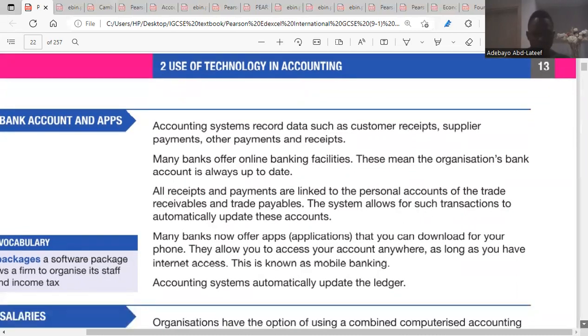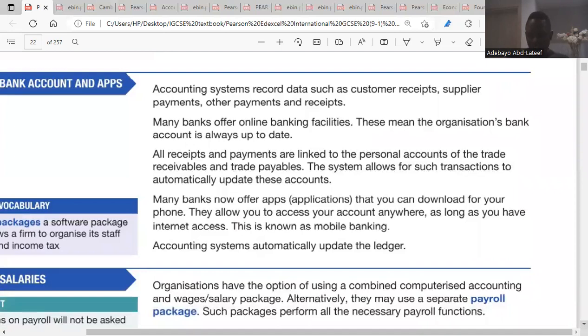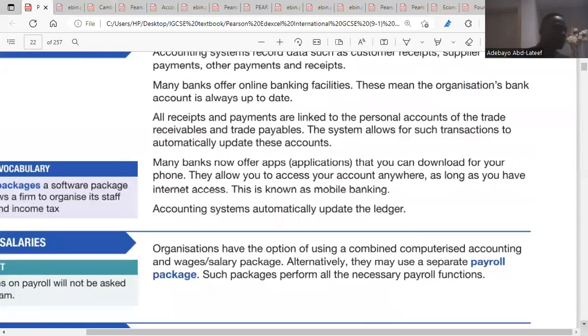So we go on. Another function is wages and salary. Are you there? For wages and salary, companies use a payroll package for their employees. I wrote here that they allow firms to organize their staff wages and income tax. What do you use a payroll package for? Payroll means a system that is there for you to use to pay your workers and to deduct their income tax.